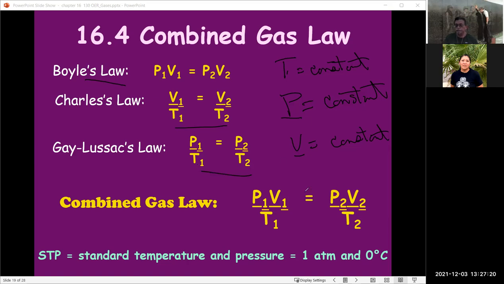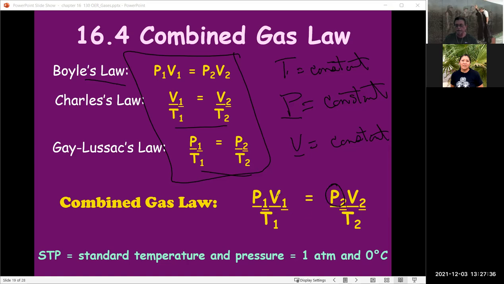Now, you will find that if volume is held constant, and you're solving for, say, P2, guess what?